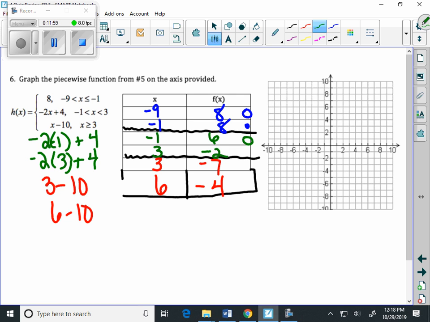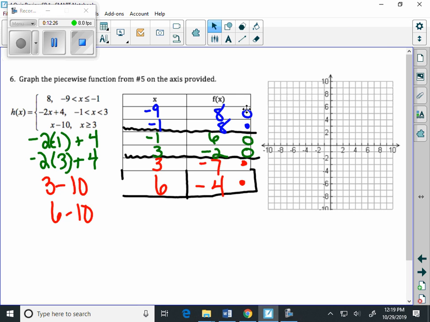It's going to be an open circle and an open circle. And then down here on the red, x is greater than or equal to 3, so it's going to be a solid circle. And this is just a point in between. Our red values are going to be part of a ray. So we need the starting point, and then we just need to figure out the direction that our ray is going to be continuing on forever in.